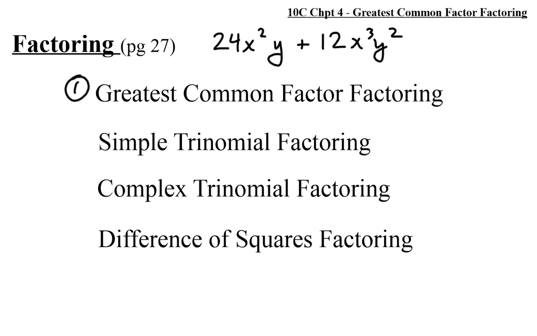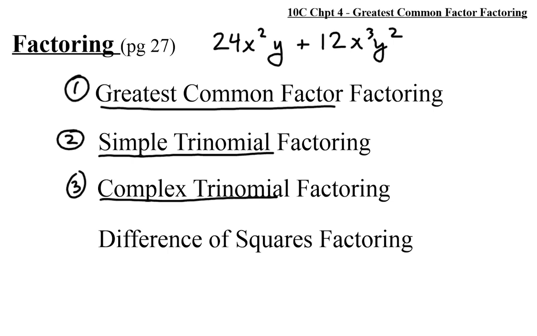Well, there are 4 different factoring forms we're going to cover. GCF, greatest common factor factoring, we'll do in this lesson. There's simple trinomial factoring. There's the more complex trinomial factoring, and then there's the unique difference of squares factoring. Those are the 4 types of factoring we're going to cover.